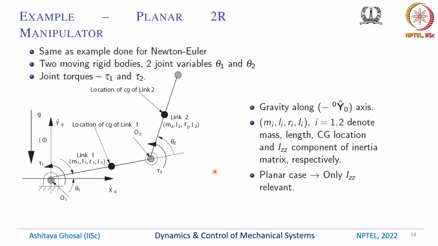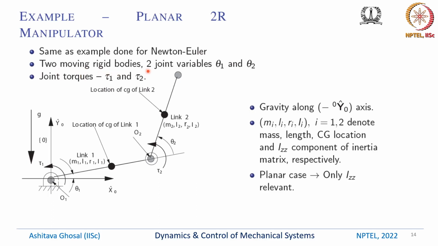Then we also derived the equations of motion for this system using the Newton-Euler formulation. Now I want to show you that we can derive the equations of motion of this 2R system using the Lagrangian formulation. It is the same as the example done for the Newton-Euler formulation.